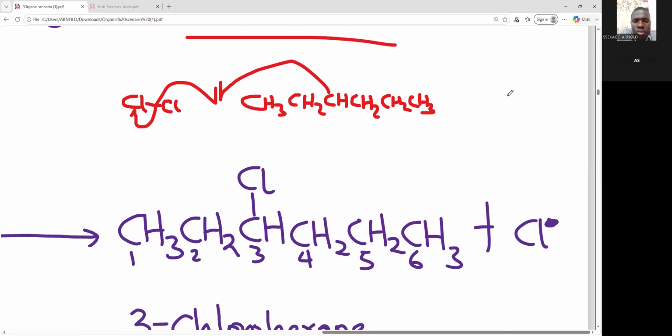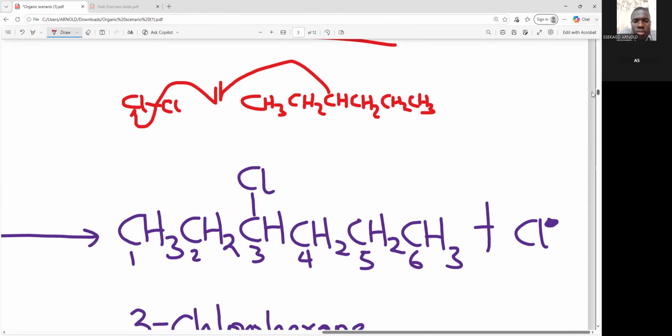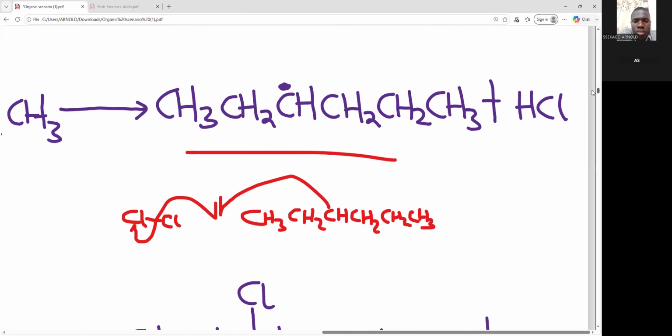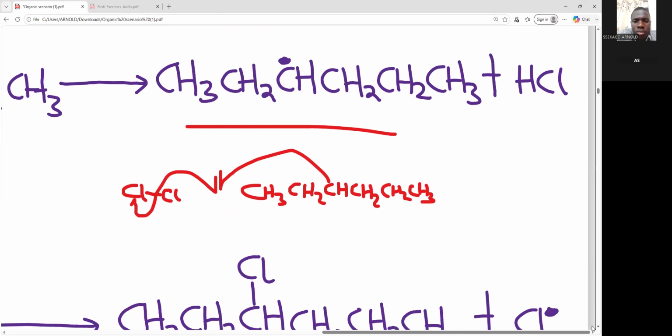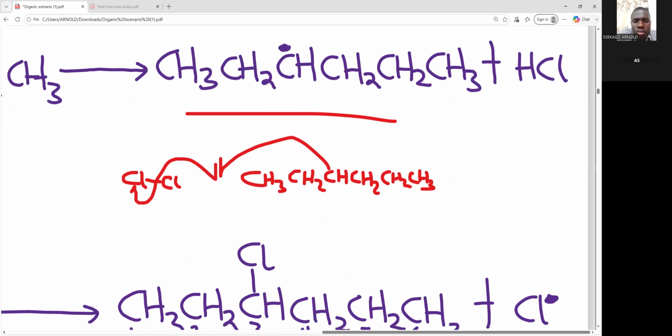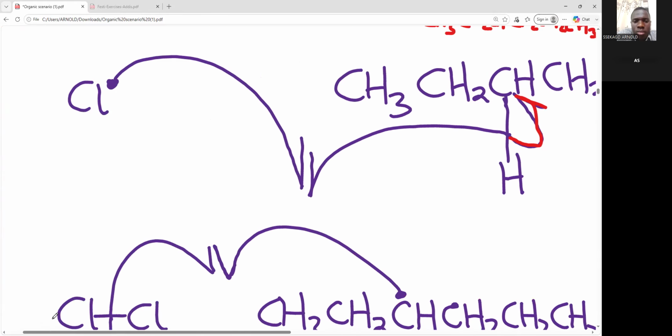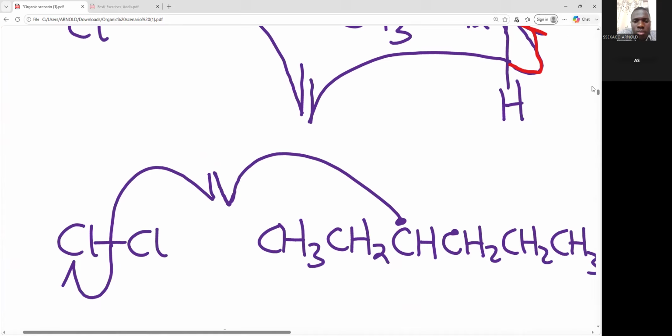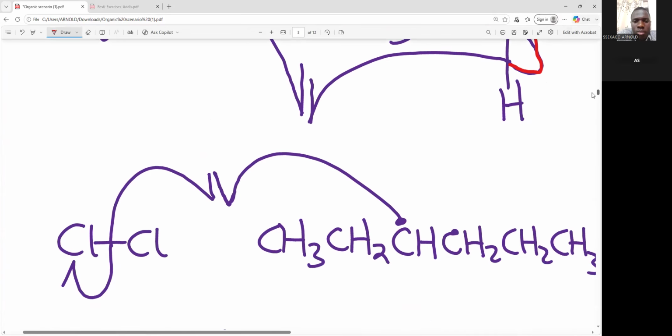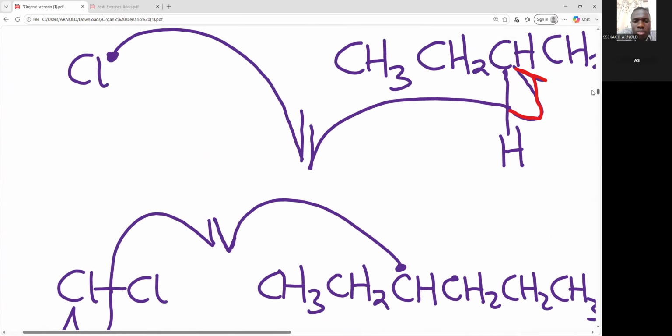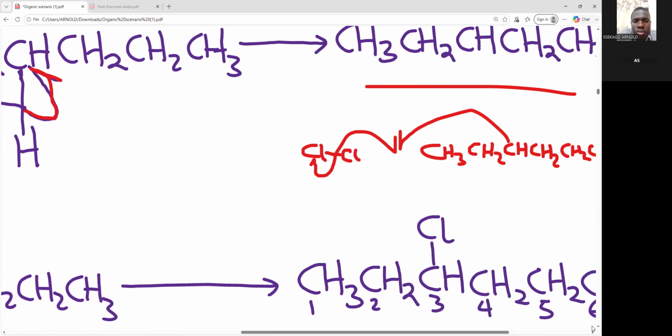We form this as a major product from the combination of one radical, a new chlorine, and the radical, the alkane. Therefore, in this case, we synthesize our 3-chlorohexane. I am calling it 3-chlorohexane because chlorine is attached to position 3.